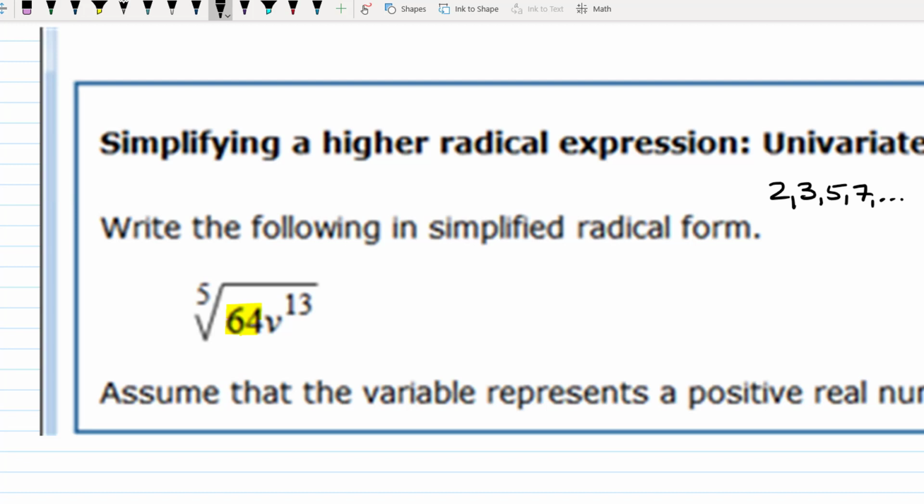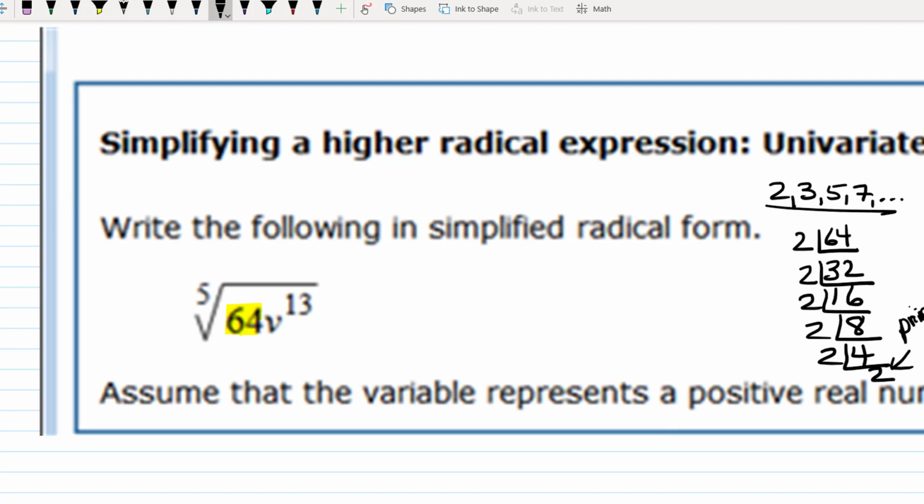They're divisible only by themselves and 1, and I'm going to start dividing 64 by them, starting with 2 because it's an even number. 2 goes into 64 32 times, 2 goes into 32 16 times, 2 goes into 16 8 times, 2 goes into 8 4 times, 2 goes into 4 twice, and that's a prime, so we can stop. None of these other primes need to be used because 2 is the only prime that divides into 64. And how many 2's? 1, 2, 3, 4, 5, 6. So that means 64 is 2 to the 6th power.